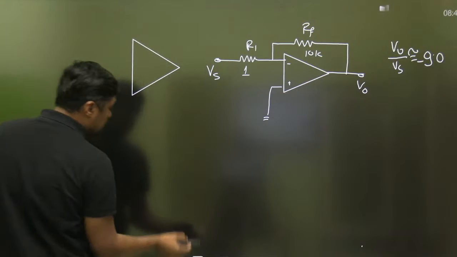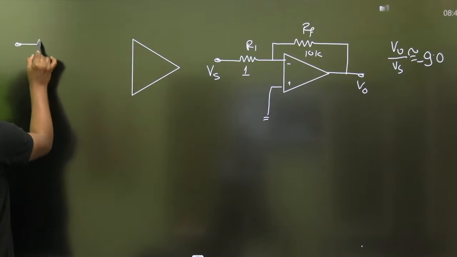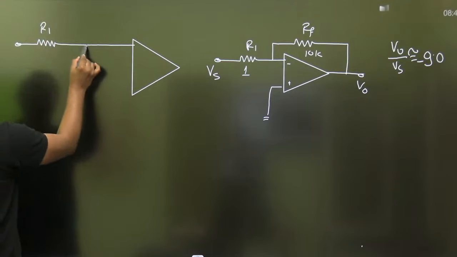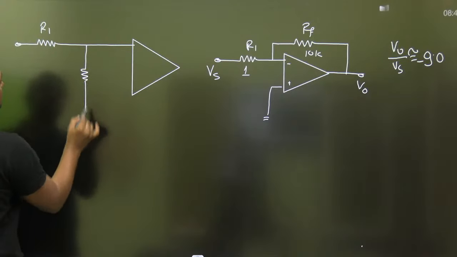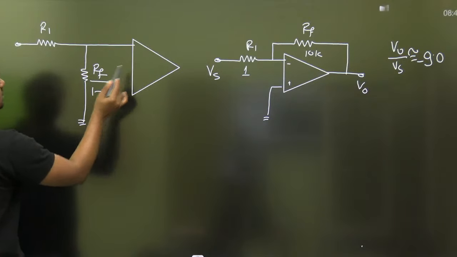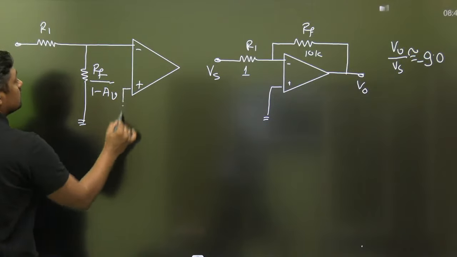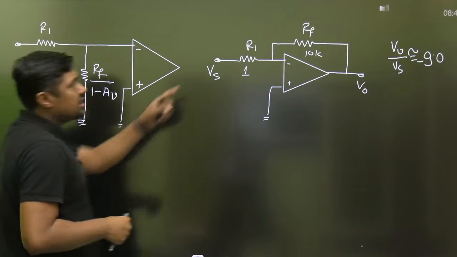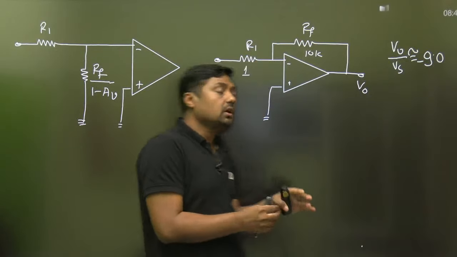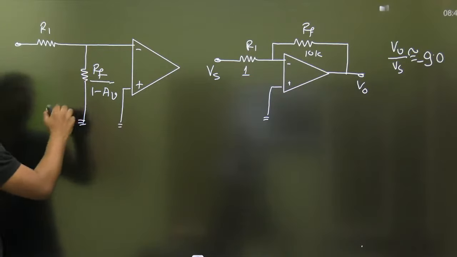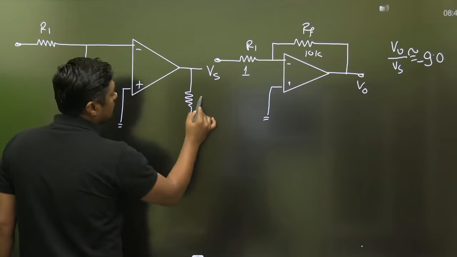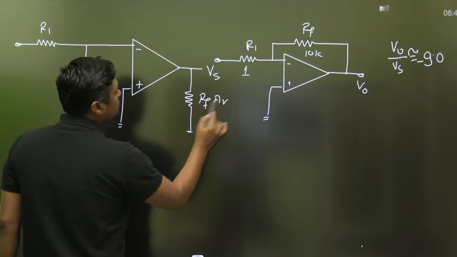When I apply Miller's theorem, this is the R1, and RF upon 1 minus AV. This is called Miller's theorem. This resistor is divided into two parts, one at the input side and one at the output side. So what will be at the input side? RF upon 1 minus AV. What will be at the output side? RF AV upon AV minus 1.